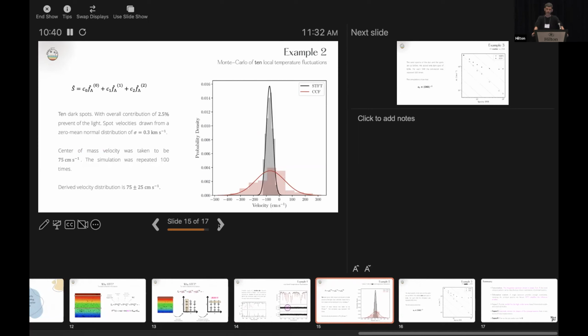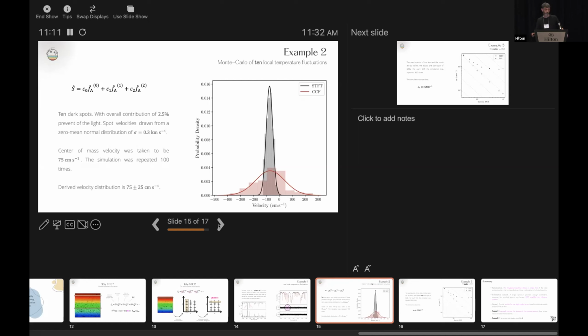The center of mass velocity of the simulated star was 75 centimeters per second. You see the histogram of the resulting velocities. So we get back 75 plus minus 25 centimeters per second. We can find it. Compared to a standard CCF search, we've improved by a factor of 4 or 5. They scatter due to the noise.